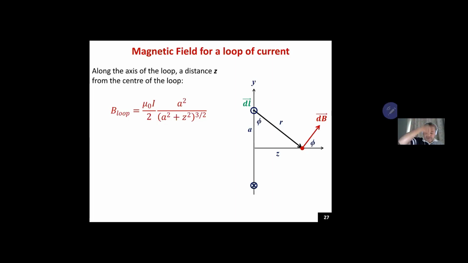But at the end, the magnetic field at any elevated point, any point right on this axis, is given by mu naught I over 2 times a squared over a squared plus z squared to the power 3 over 2. And right at the center of the loop it will be mu naught I over 2a, where a is the radius and z is the distance from the loop.